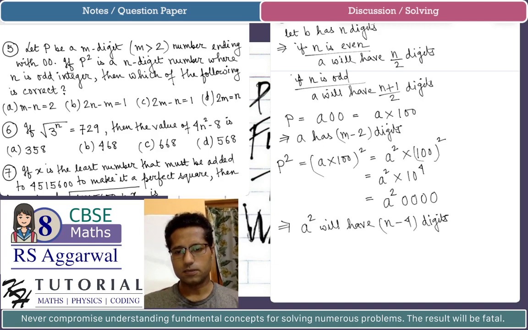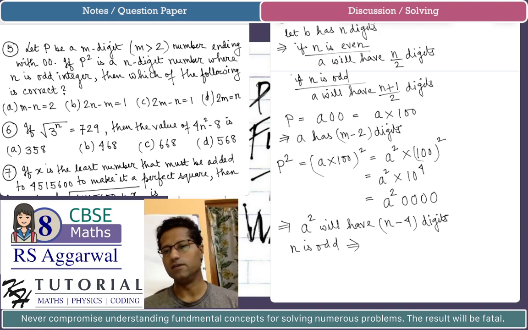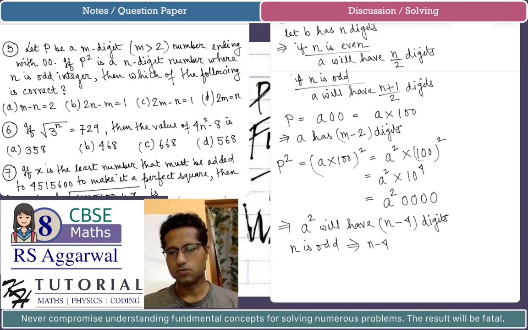Now n is odd, it is given that n is odd. If we subtract an even number from an odd integer, the result is an odd integer. So this will imply n minus 4 is odd.